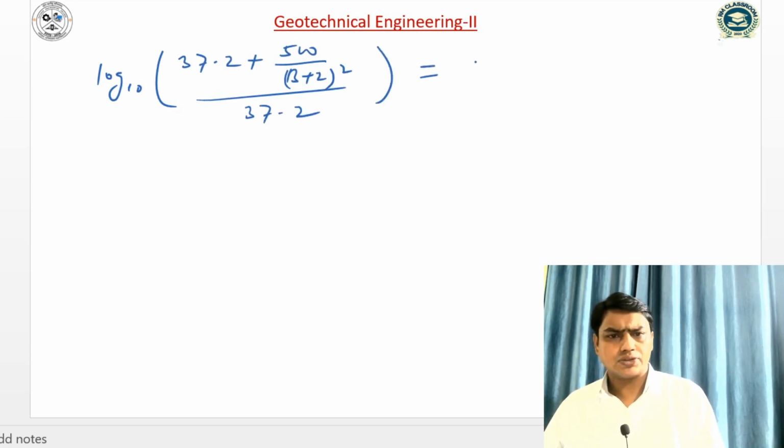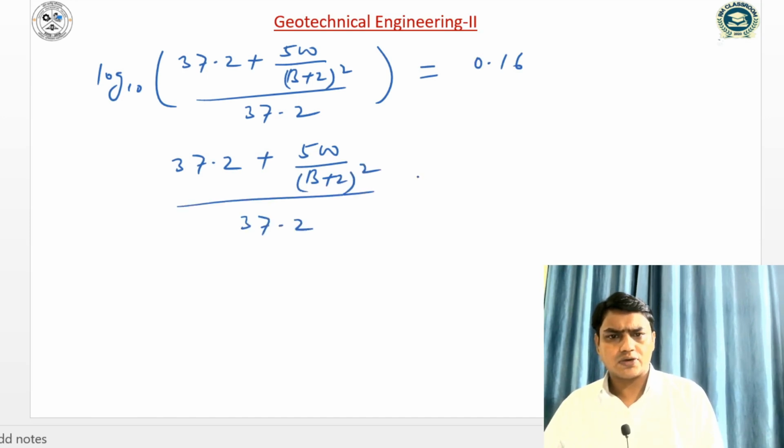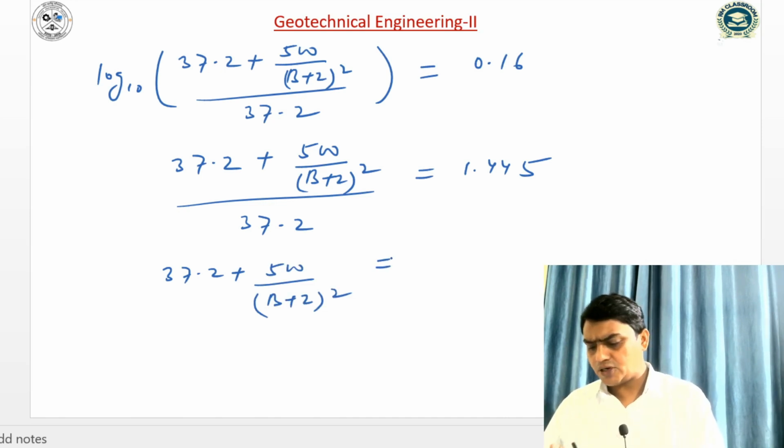is equal to 0.16. So 37.2 plus 500 by b plus 2 square divided by 37.2 is equal to 10 to the power 0.16. So it is 1.445. So 37.2 plus 500 by b plus 2 square is equal to 37.2 into 1.445.